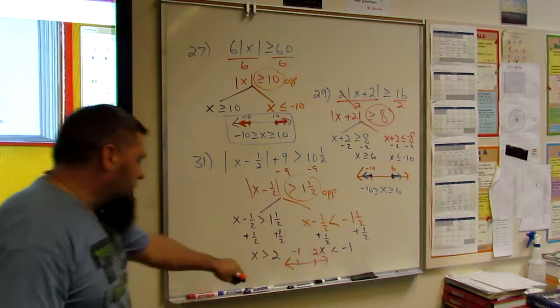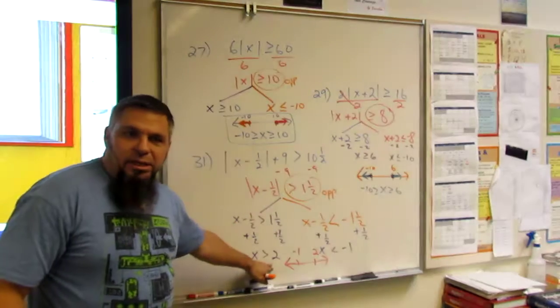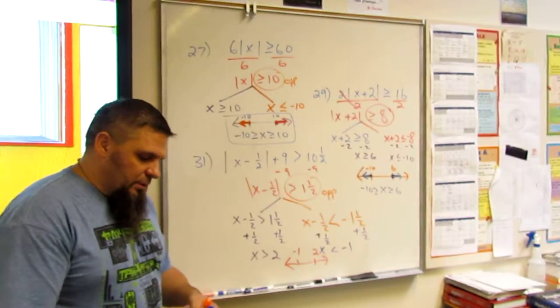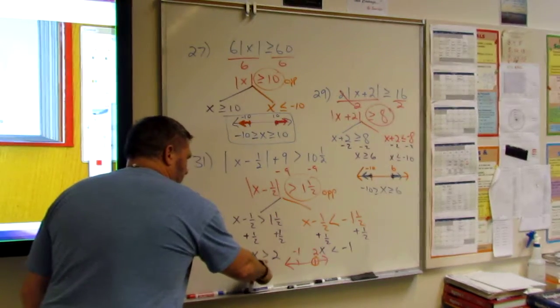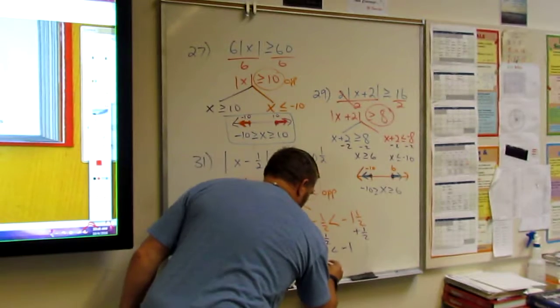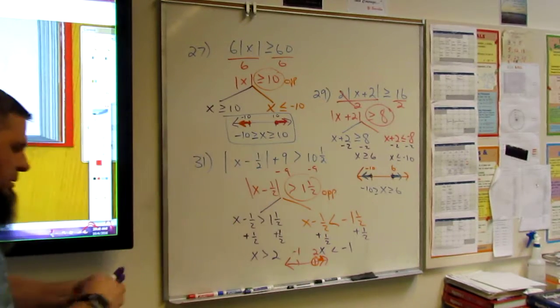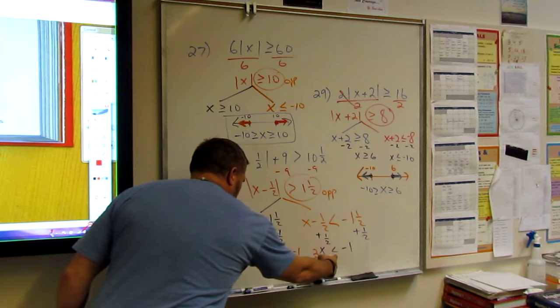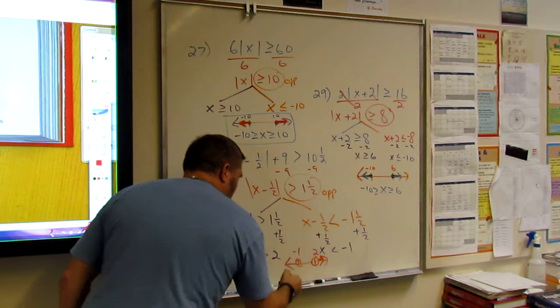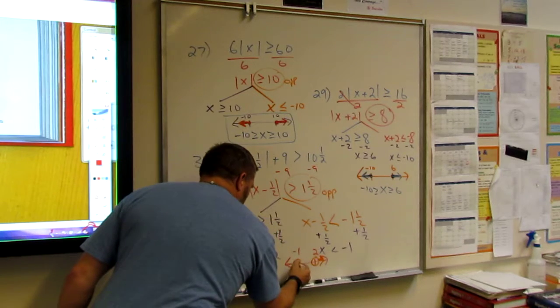So at the 2, is it solid or open? Open. Okay? And does it go right or left? Right. Okay? Negative 1, solid or open? Open. Left or right? Left. Good.